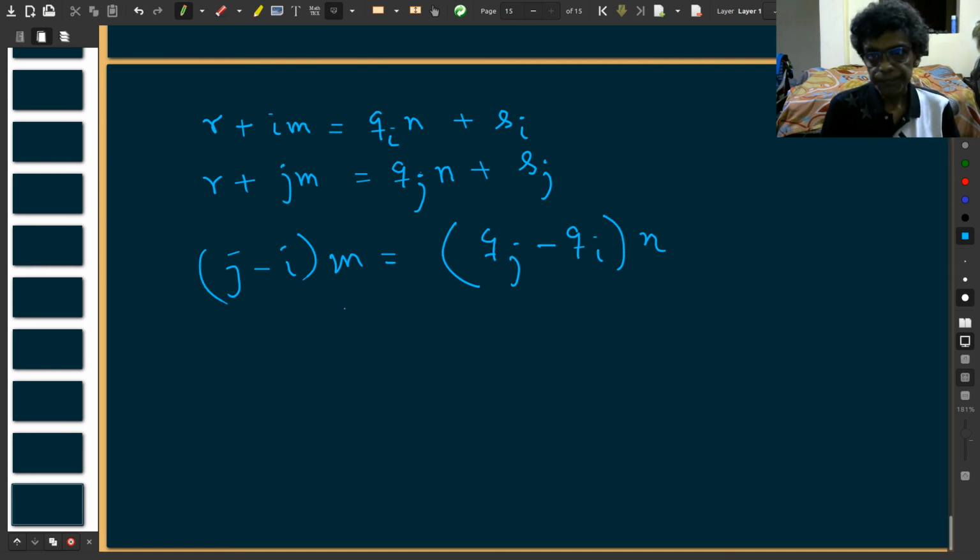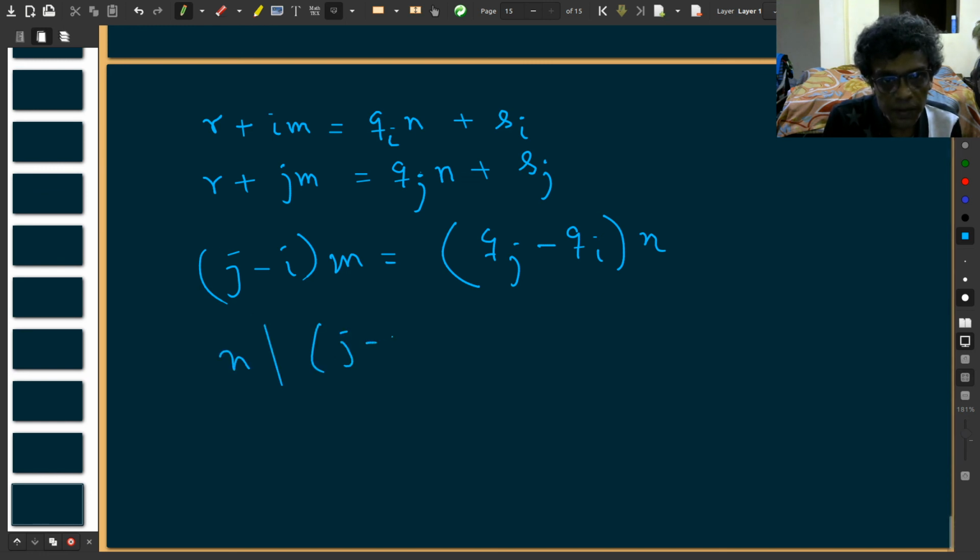Right. Now, we are almost done. So, this side is a multiple of n, and therefore this expression is also a multiple of n. Okay. So, n divides j minus i times m.